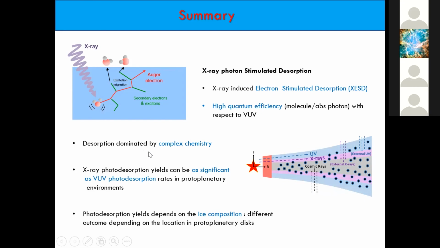And now, if we look at the numbers in protoplanetary environments, we see that it is efficient. So it's a desorption where chemistry is playing a dominant role, clearly. And as you have seen just in the last example, the ice composition has to be taken into account because it affects the numbers that we can find.